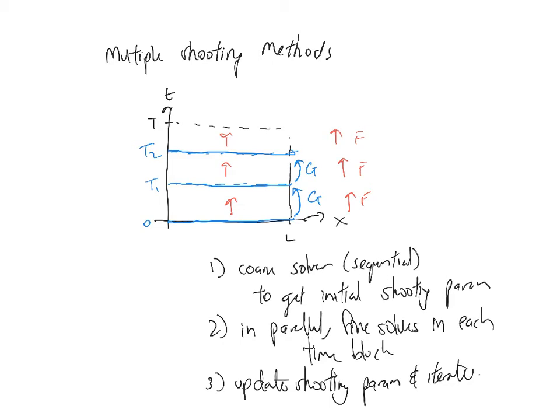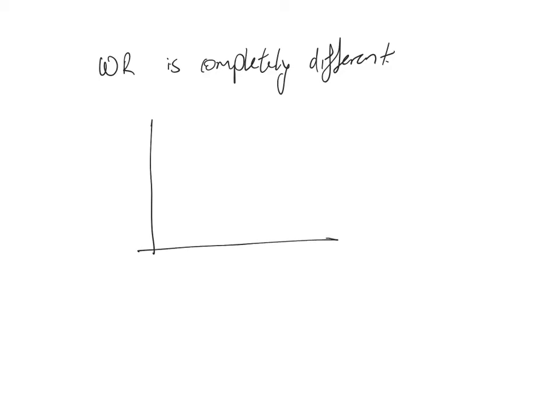Waveform relaxation methods are completely different. WR is going to be the acronym for waveform relaxation. Let me give you a cartoon of what this looks like.